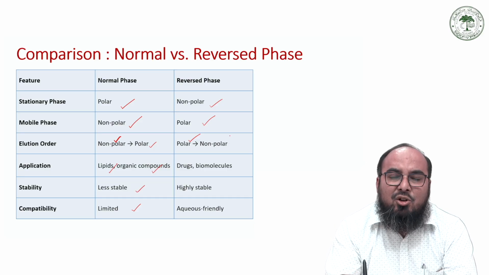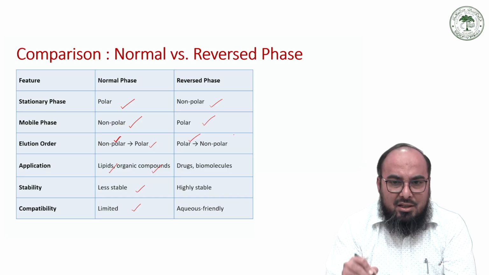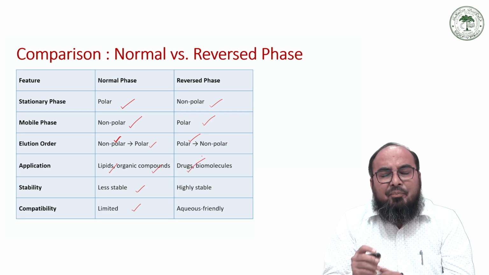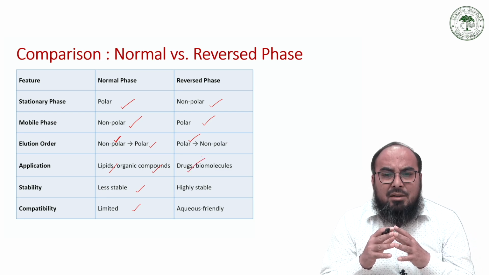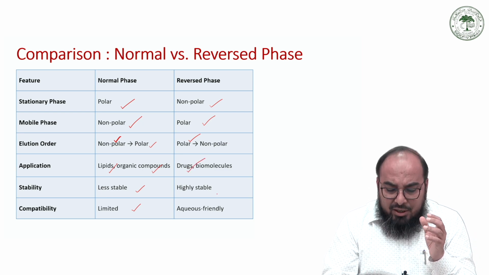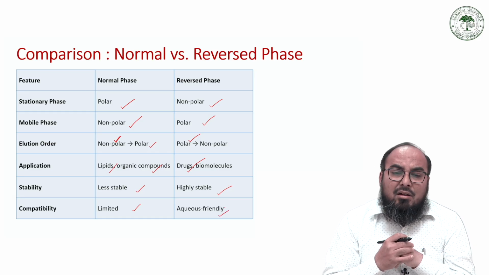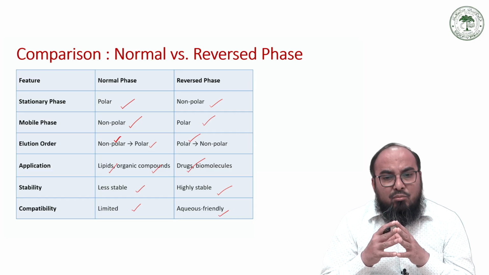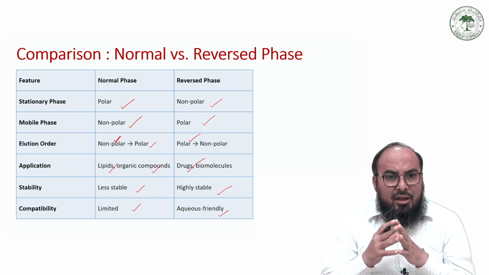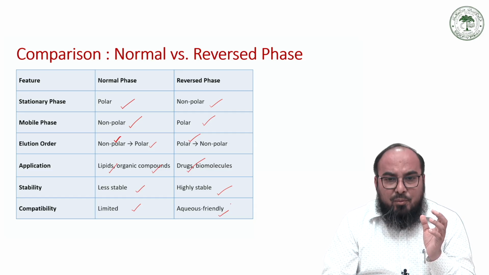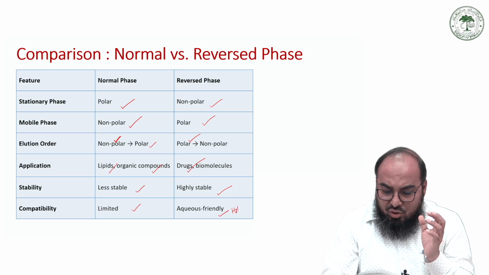Similarly, it is very good for the separation of drugs and biomolecules. The stability is very good, and it is also aqueous friendly, that is, you can also use water as your mobile phase here. Because water is also polar, you can take H2O as mobile phase.